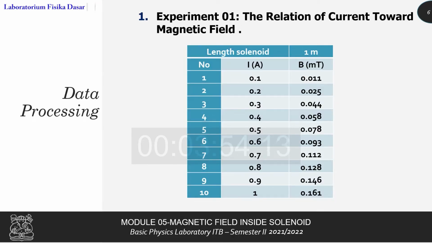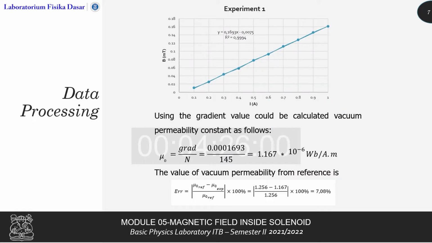The first experiment is the relation of current towards magnetic field. In the data processing part, the length of the solenoid is the same for this experiment, which is 1 meter. Then we vary the value of the electric current, in this case from 0.1 to 1 ampere, in which we get the value of the magnetic field in millitesla, as can be seen in the table.